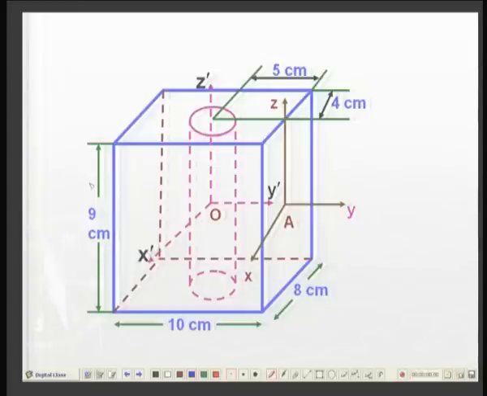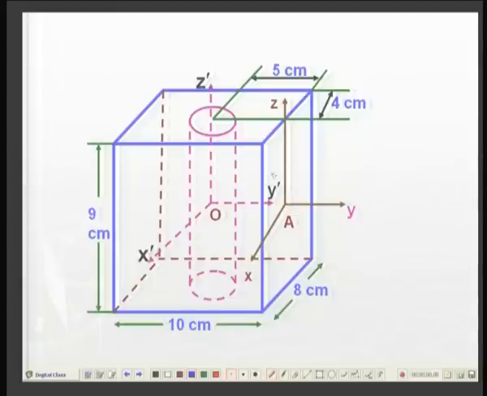In the center of this block there is a cylindrical cavity from end to end. So, this dotted magenta colored figure is the cavity. So, the net body is a block minus the cavity. All right. So, we have been asked to find out the moment of inertia about a coordinate system whose origin is at the center of this right hand face, whose dimensions are 8 centimeter and height is 9 centimeter.